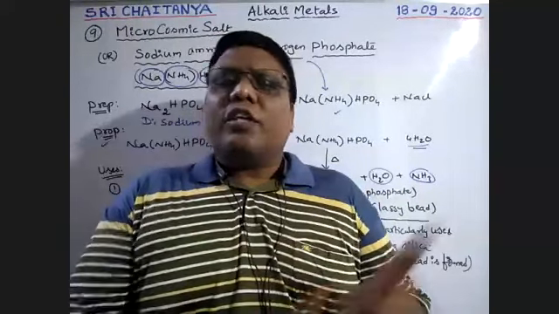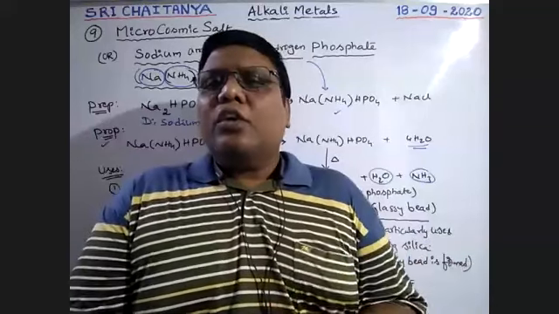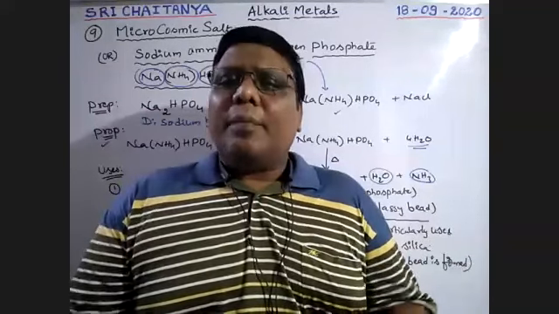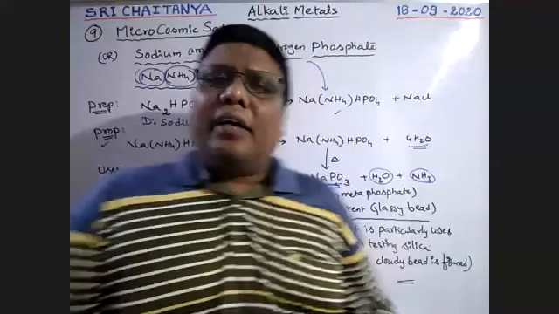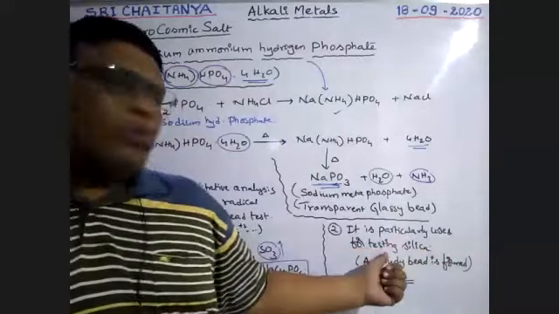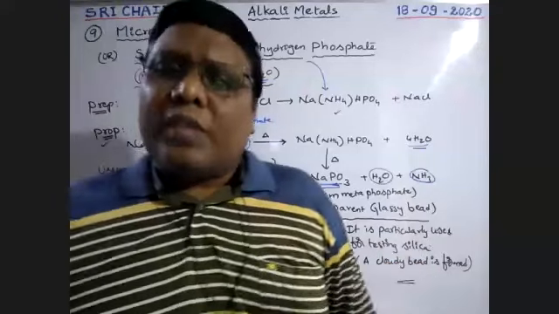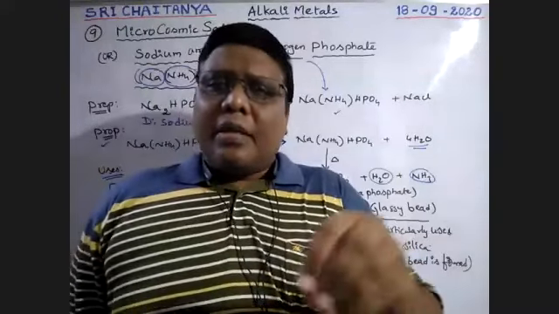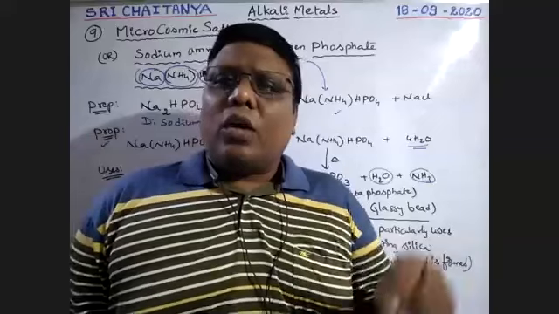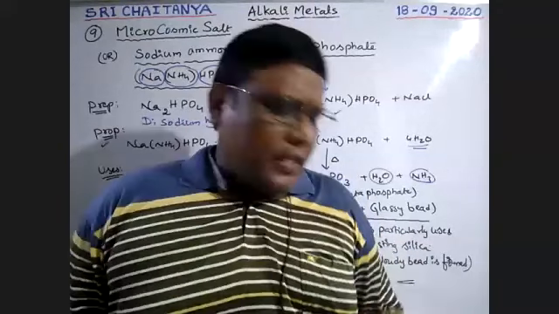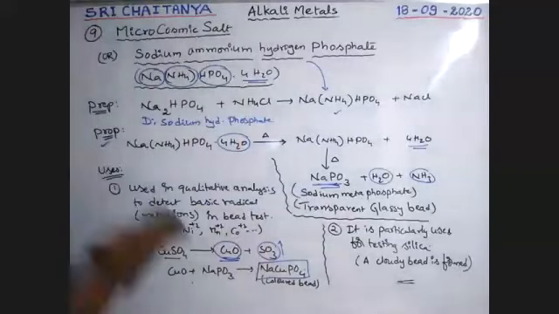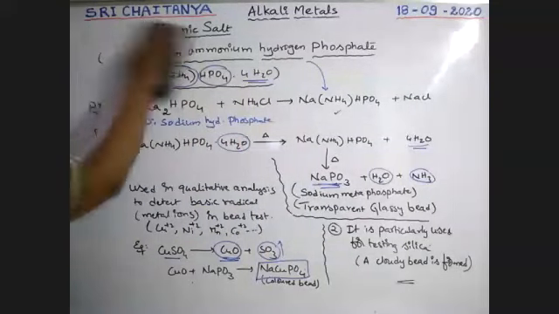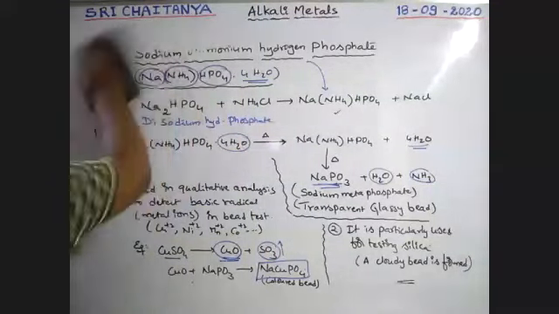It is used in qualitative analysis to find out metal ions depending on the different colored beads, and also to test for silica. These are some points on microcosmic salt. That's enough for you guys. Next, the 10th component, the last component from the sodium salts.